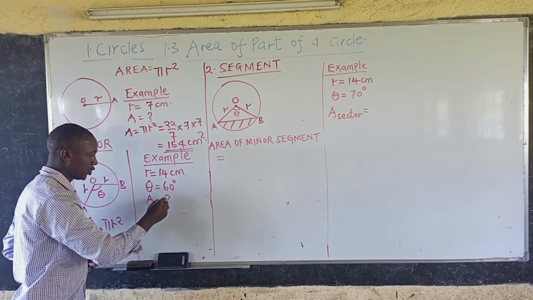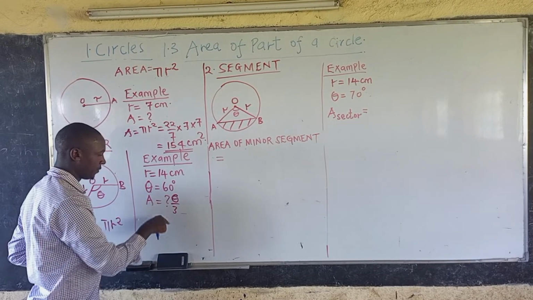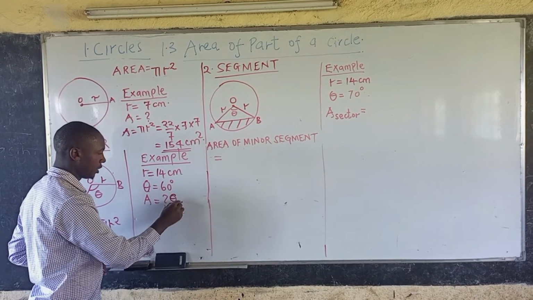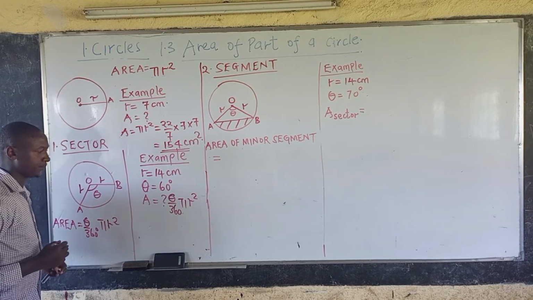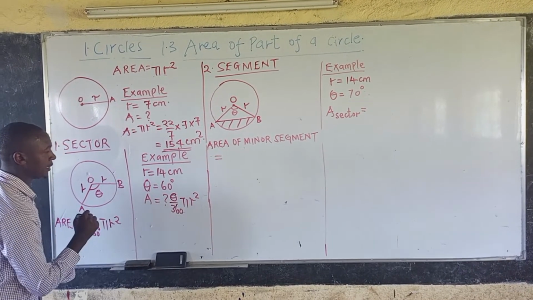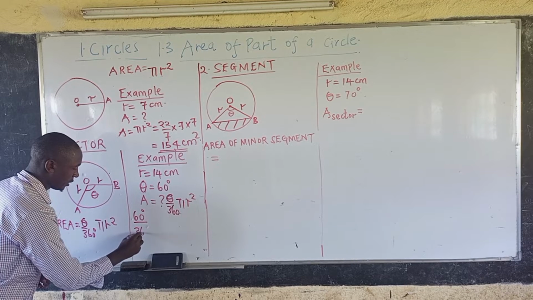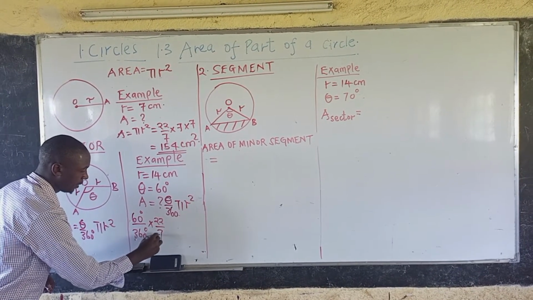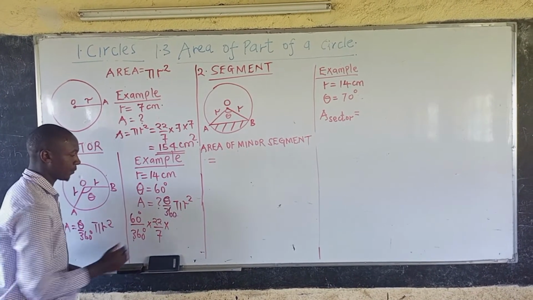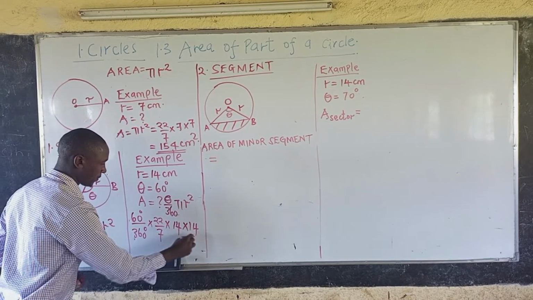So of course the area is going to be very easy. That is theta divided by 360 multiplied by the area of a circle, which is pi r squared. So theta in this case is 60 degrees divided by 360 degrees multiplied by pi, you can use pi as 22 over 7, multiplied by 14, multiplied by 14.